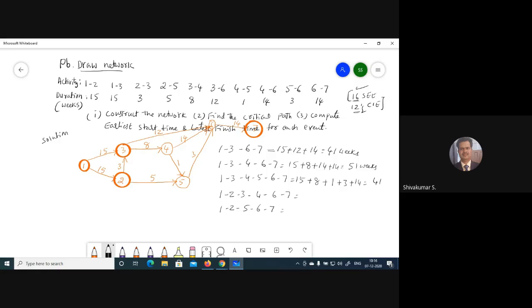Now 1 to 2 is 15 weeks. 2 to 3 is 3 weeks. 3 to 4 is 8 weeks. 4 to 6 is 14. 14 plus 14.